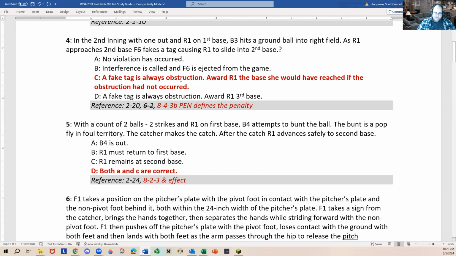But if somebody was like, hey, that was obstruction, what are you going to do? This is what you would do. Award R1 the base that she would have reached had the obstruction not occurred. It's not an automatic go to the next base. You can read that in the definition of obstruction at 220, but also the penalty for obstructing here in 843B penalty.